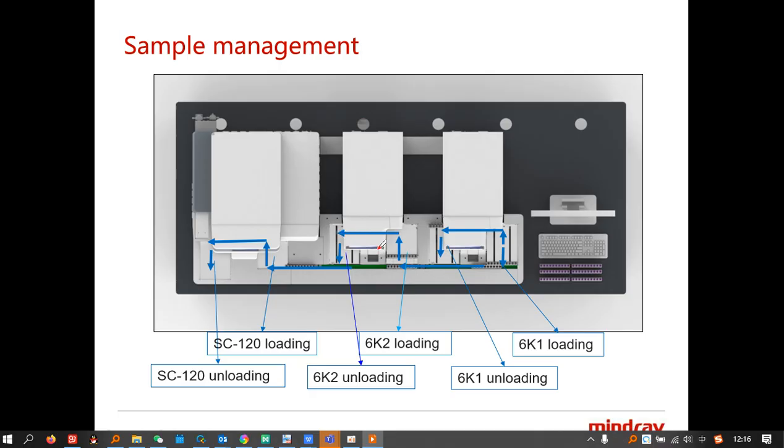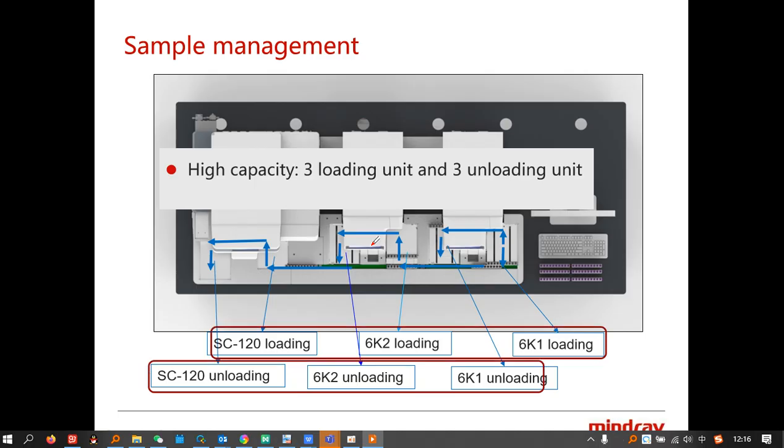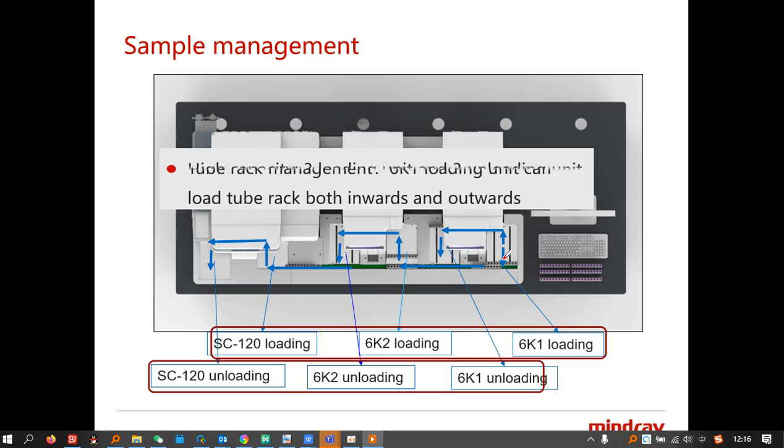The different areas of the checks and autoloader. As you can see, it's similar to the KEL 8000 analyzer checks: the loading platform, feeding channel, the unloading platform, and the outer channel.